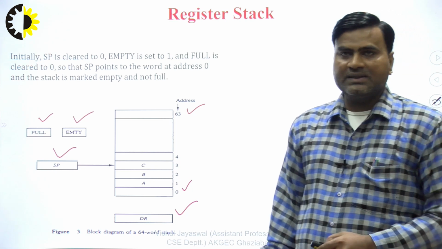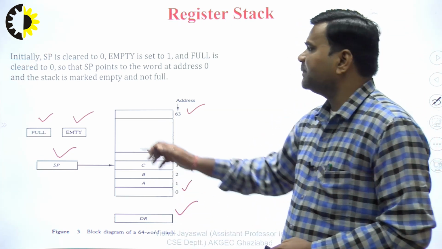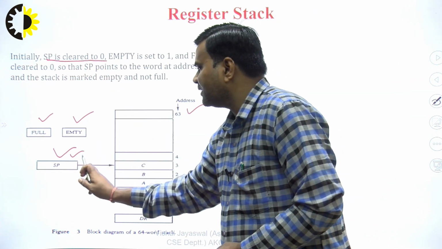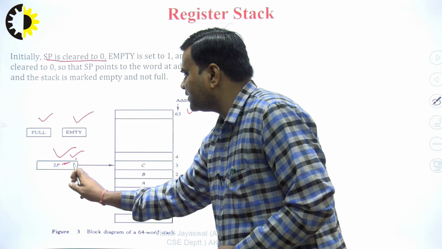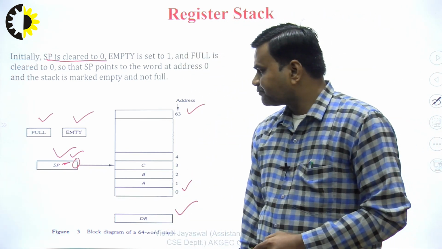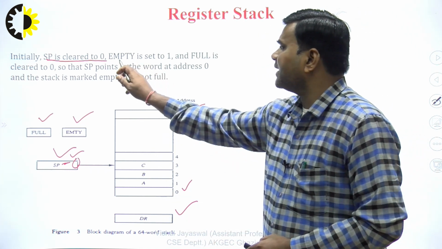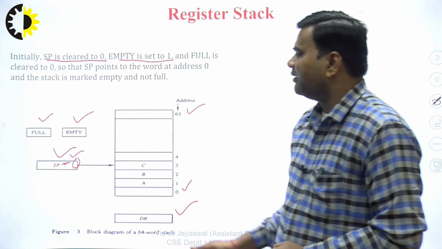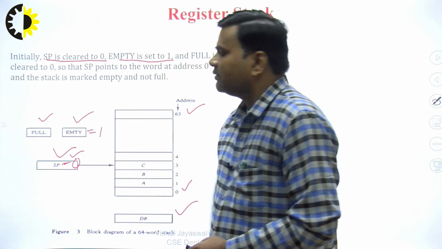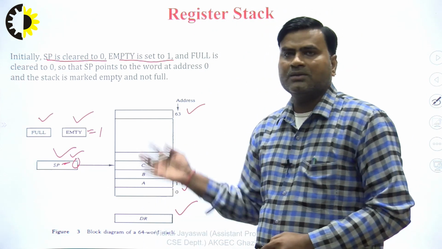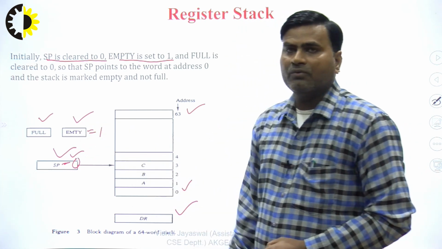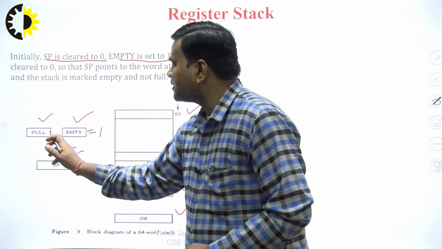Initially, if we talk about the initial condition, SP is cleared to 0, which means the value of the stack pointer register is equal to 0, and empty is set to 1. Initially our stack is empty, so empty equals 1, and full is cleared to 0.